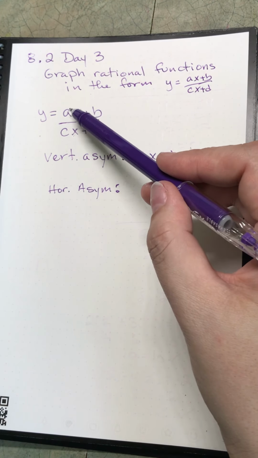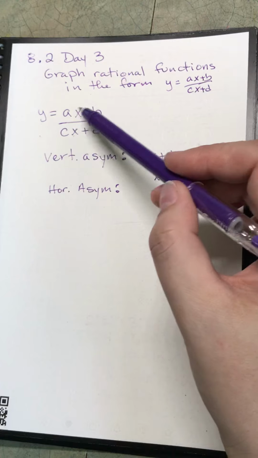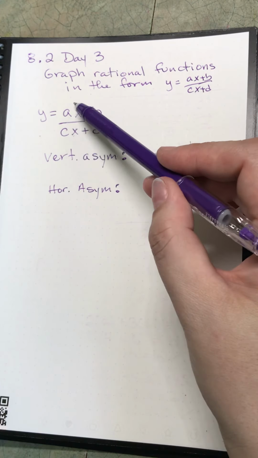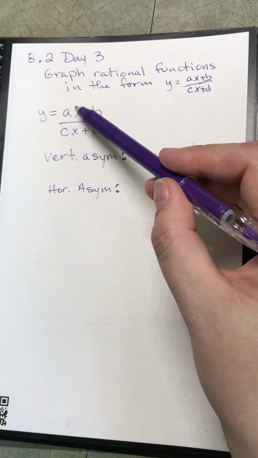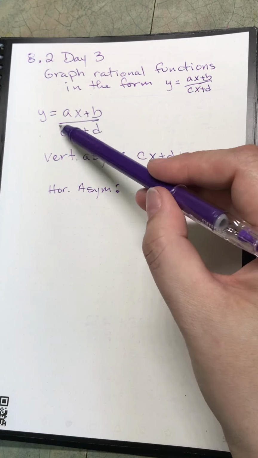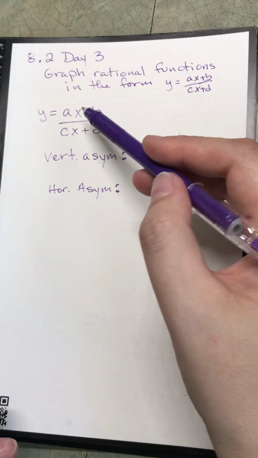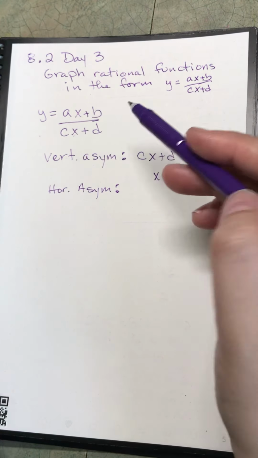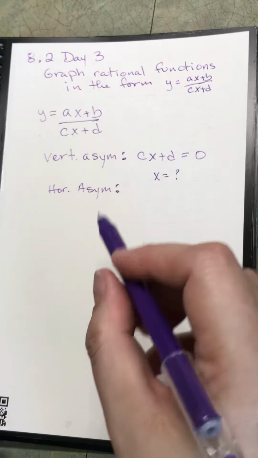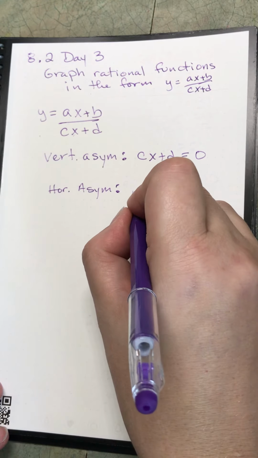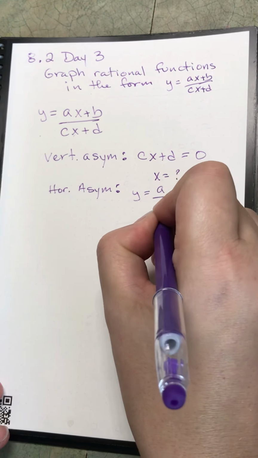And so we're going to be slowly approaching whatever this ratio right here is, because these are the same, but it's always going to be a little bit off from this ratio. So the horizontal asymptote is actually this ratio right here. So it's y equals a divided by c.